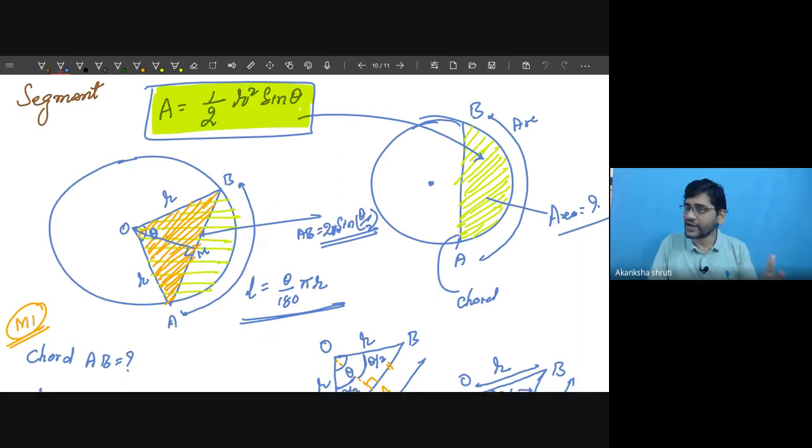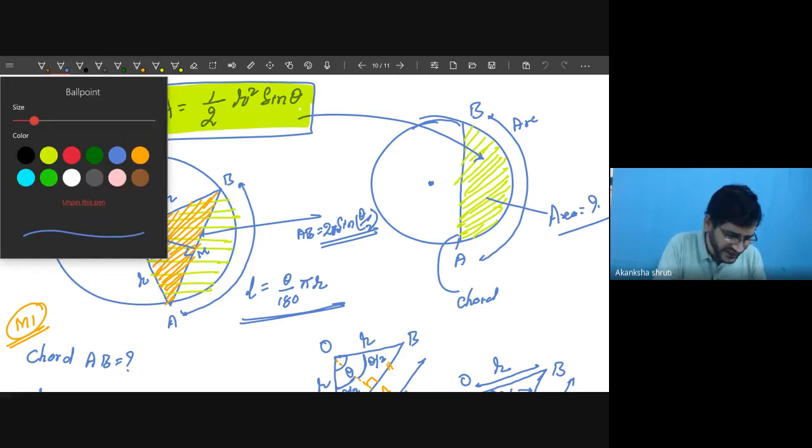A student, when the chord length itself is given, then for calculating the boundary, no issues, calculate the arc length. Or even if the arc length is given, you can calculate it. And even theta can also be correlated with that. So we shall keep in mind the area of this segment can be calculated in terms of theta by applying half r square sine of theta only.